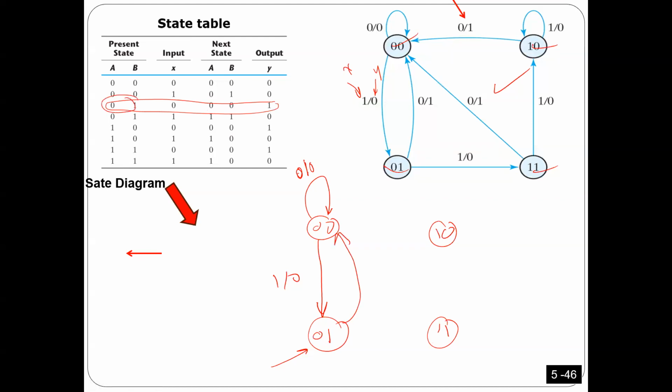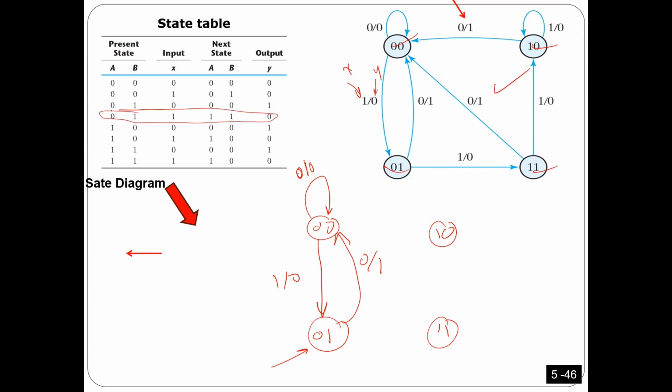That's for this state to this state when x is 0 and y is 1. Is that okay? Don't worry about the order of them. It doesn't matter, because it's going to give you the same information. But I just want to follow the same thing I did here. So you see, this is one transition. Let's look at the next transition, the next row.